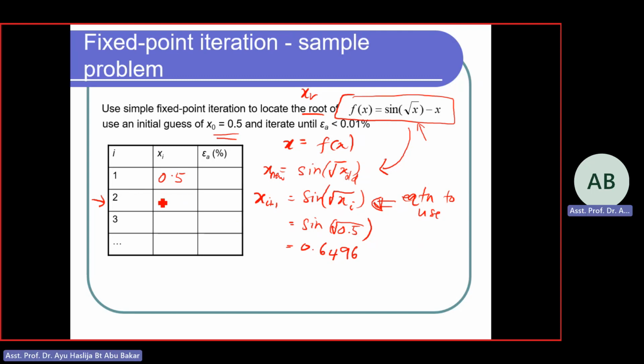So for the second iteration, you will get 0.6496. Before you proceed, how about the EA for the second iteration? And how about the first one? No EA, because there is no old value, no previous value. Try to proceed until you get the EA lesser than 0.01.